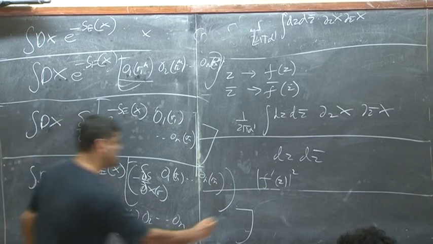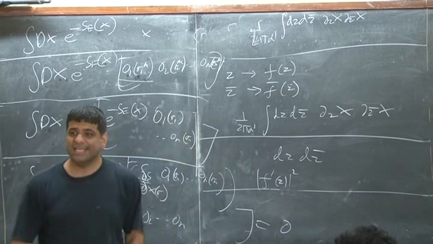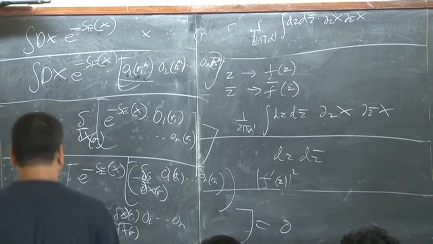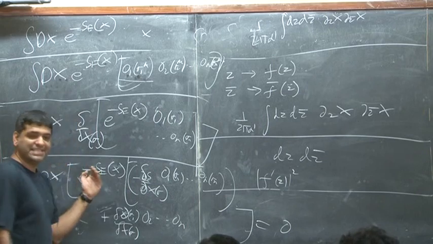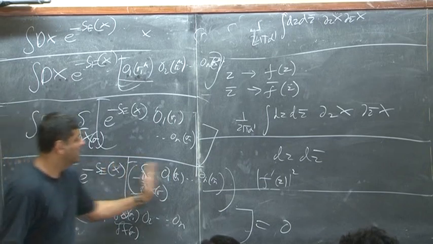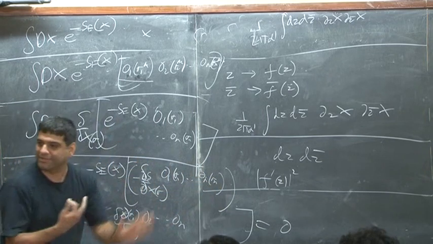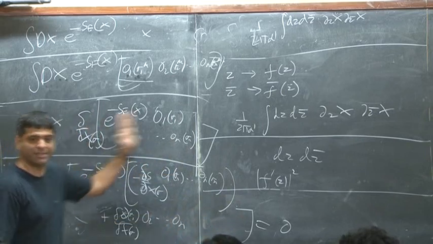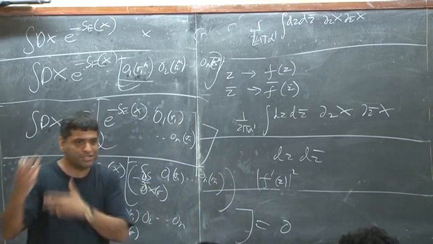That is equal to 0. It is a statement about correlation functions. What we've done is derive an equation that relates a bunch of correlation functions to each other. This is the statement of the equation of motion in quantum field theory, a relationship between correlators.